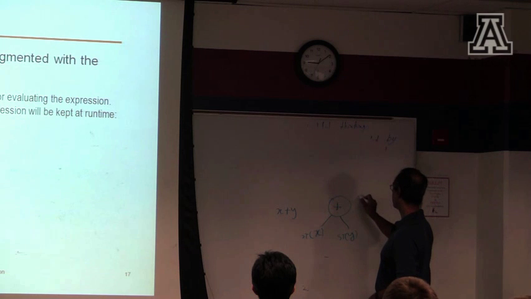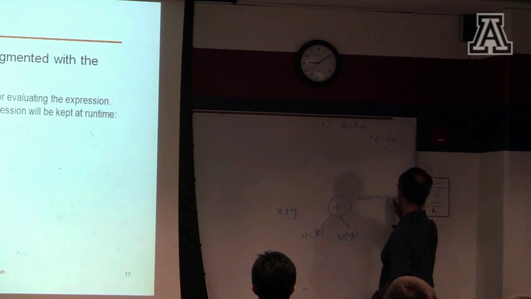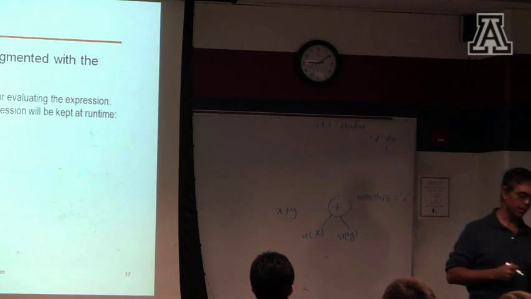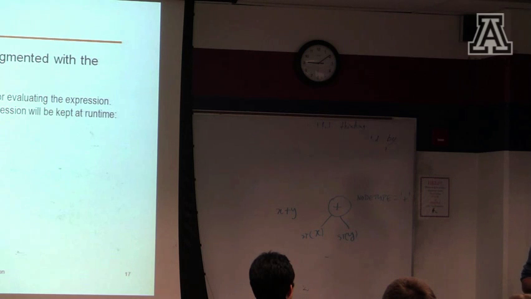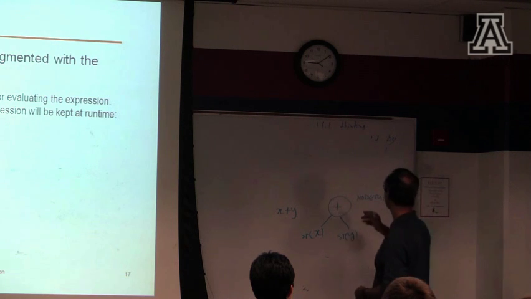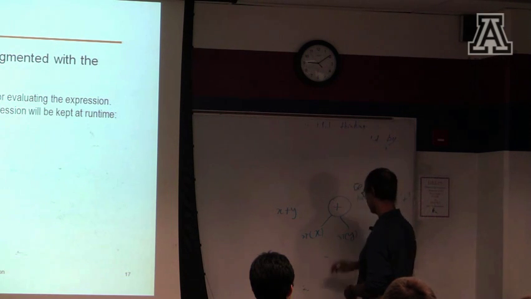Over here I have node type, which is some indication of what operation I'm going to execute and what code I need to generate. In this case, it's an addition operation. And I'm going to have an expression type.